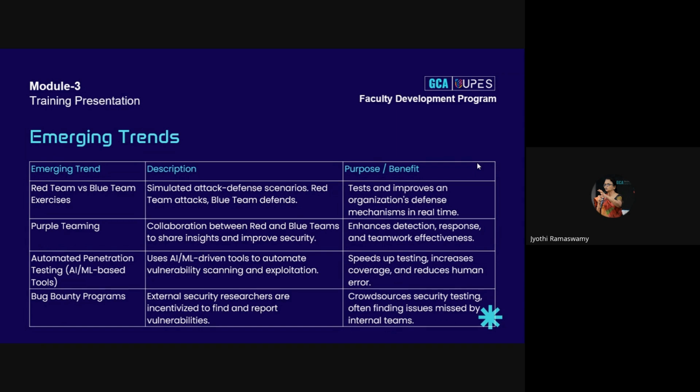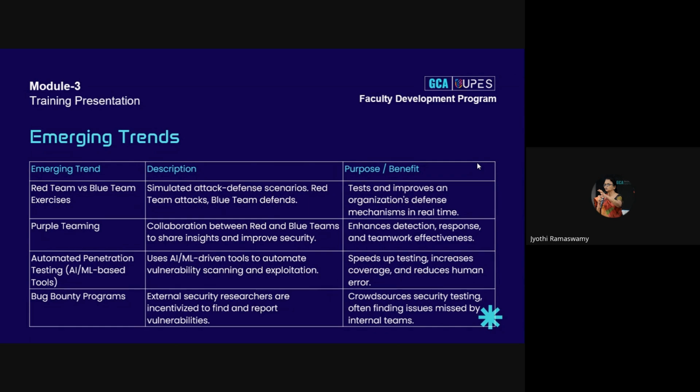Now, how can AI be used in improving penetration testing? Yesterday again, we saw about AI-based testing tools, right? We saw how AI helps us in testing. AI helps us in dealing with a huge volume of data, right? So automated penetration testing tools use AI/ML driven tools to automate vulnerability scanning and exploitation.